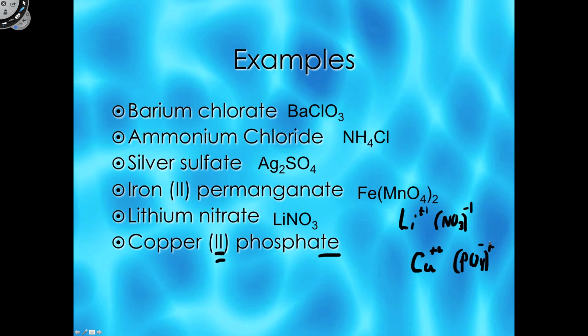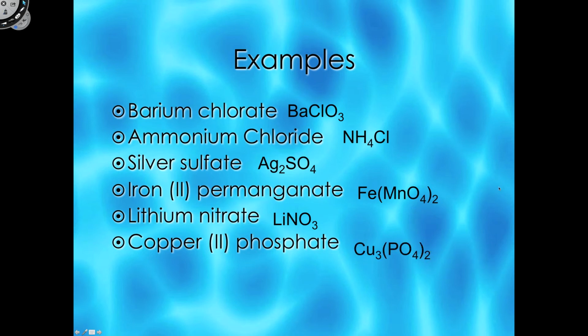Does a +2 and a -3 add up to 0? Nope. So the 3 goes here, and the 2 goes here. We do need the parentheses to act as separation. And there's our answer, Cu3(PO4)2. And again, make sure you realize there's a typo on the slide.